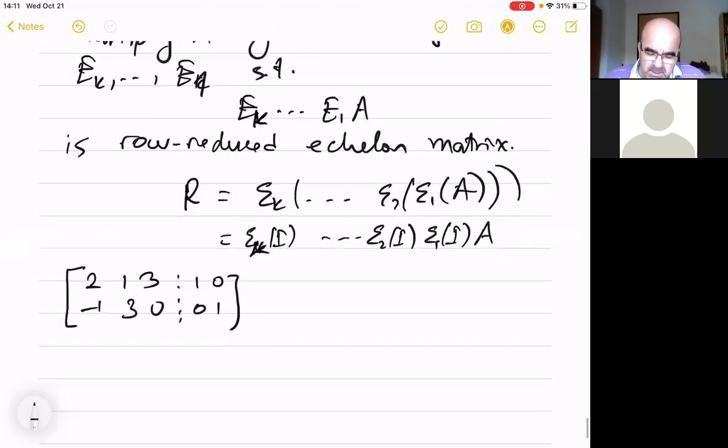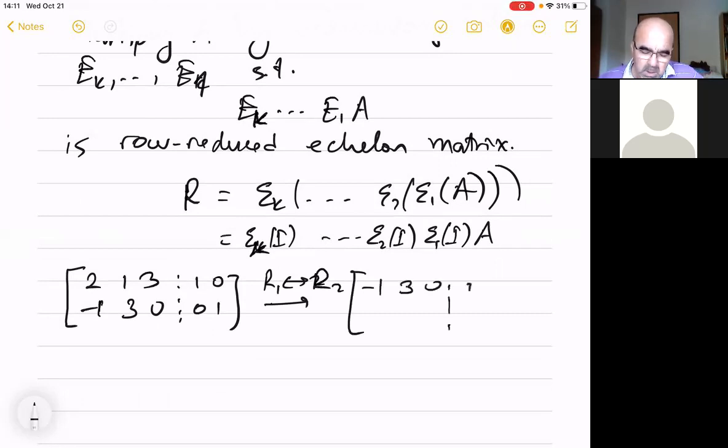So first operation: in order to make life easier, let's interchange row 1 and row 2, so that it is minus 1, 3, 0, 2, 1, 3.